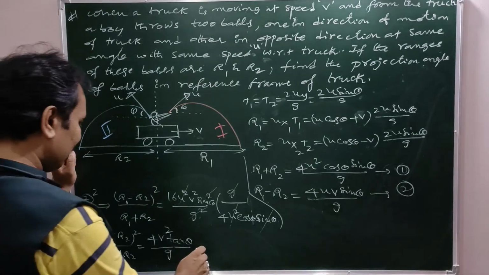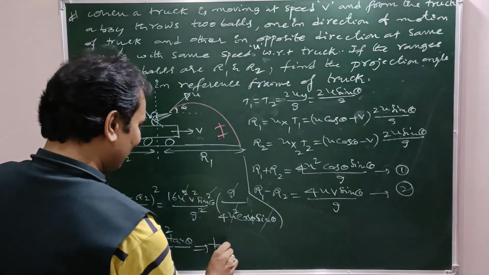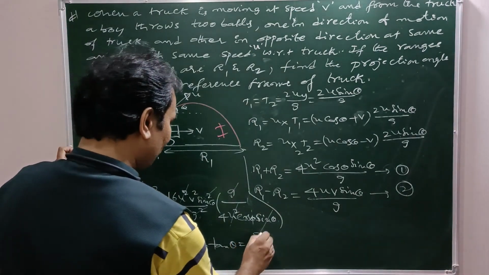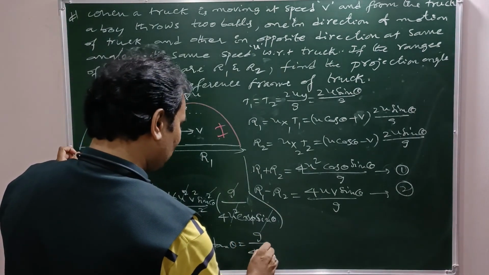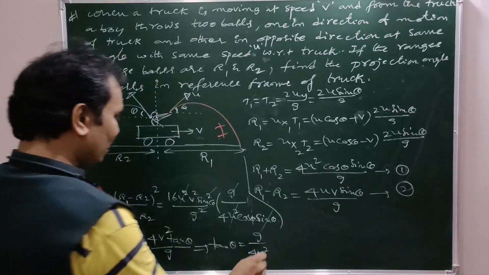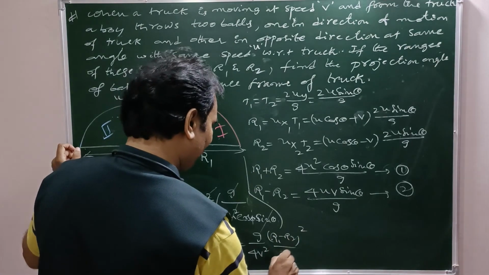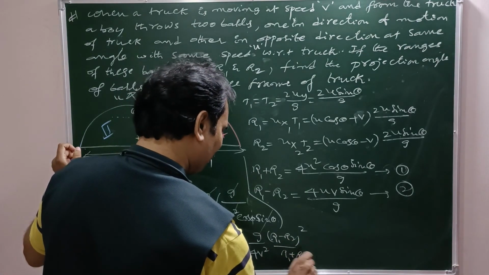Now make tan theta the subject: tan theta equals g by 4v square into R1 minus R2 whole square by R1 plus R2.